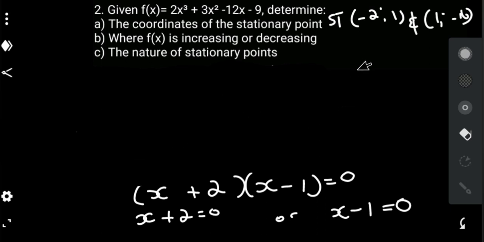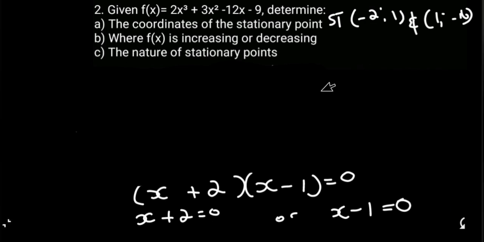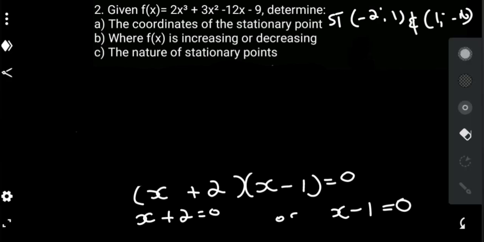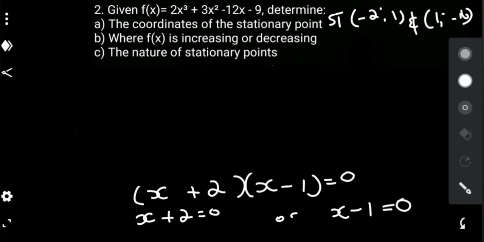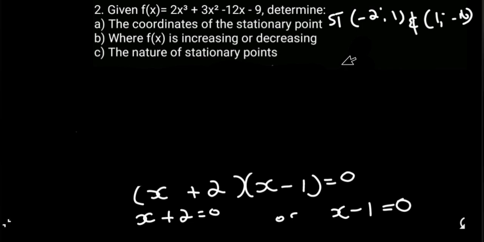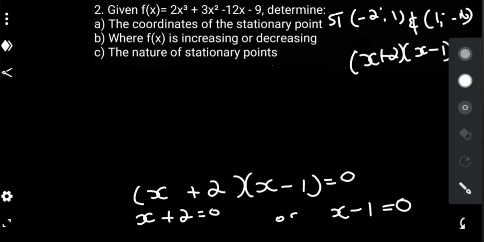And so we're gonna need this part of the derivative. So let me just write this part here. x plus 2 into x minus 1 is equal to 0. And also erase here.